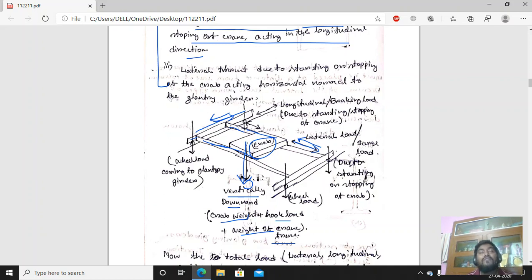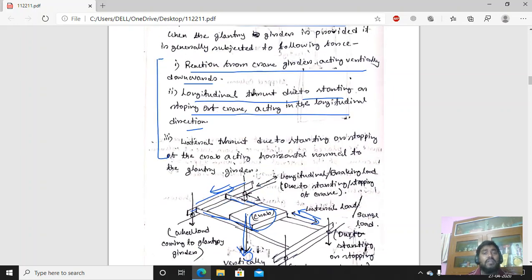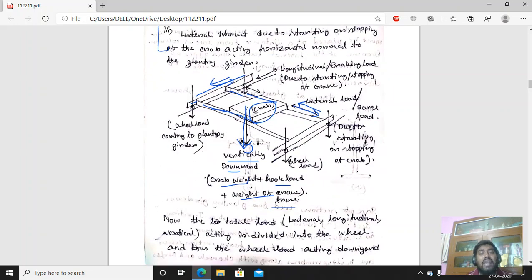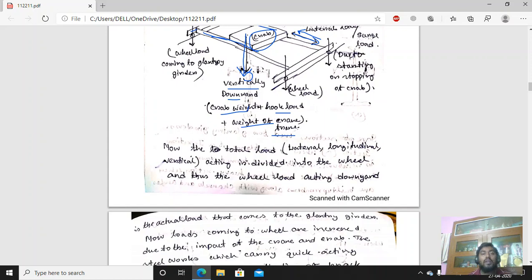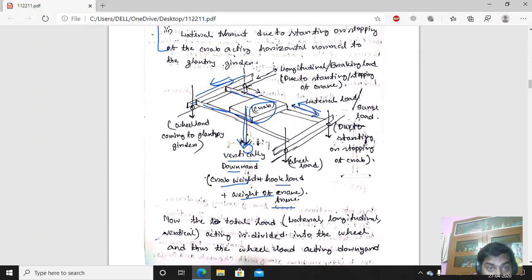So these are the three forces that act: vertical force, lateral force in terms of the lateral thrust, and longitudinal force in terms of the braking load. All of these work on the wheel, because all the loads are coming from that wheel to the Glantry girder.